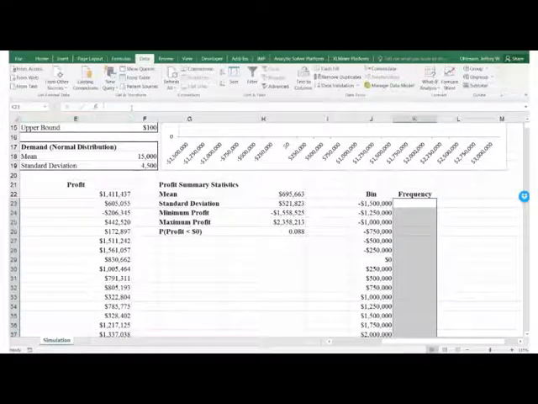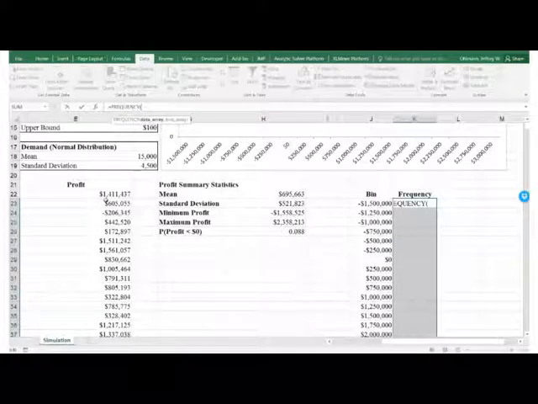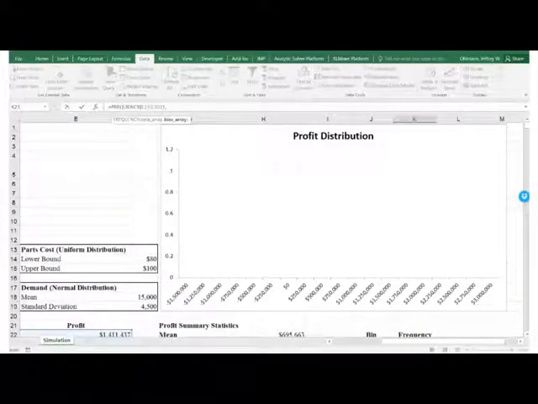We type in equal frequency. We highlight the range of data, the 1,000 profit values, and then we highlight the range of bins for our histogram.